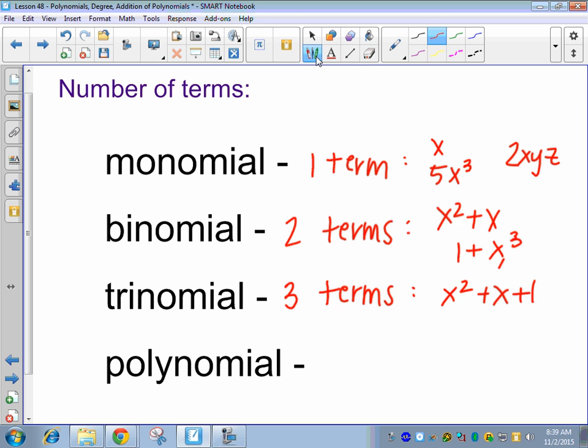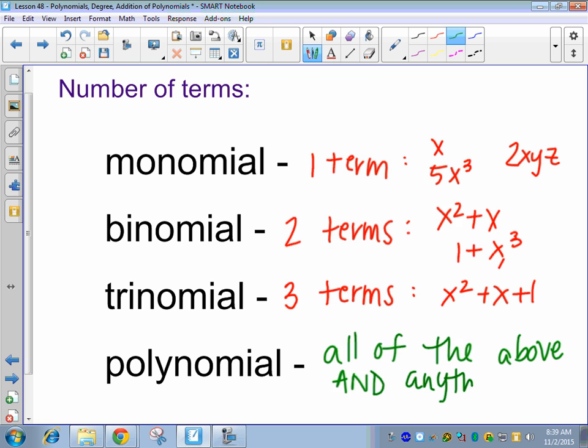All right, polynomial. This is probably the one that's been the most important. You can probably recall the others from memory with these prefixes. A polynomial is all of the above and anything with more terms.